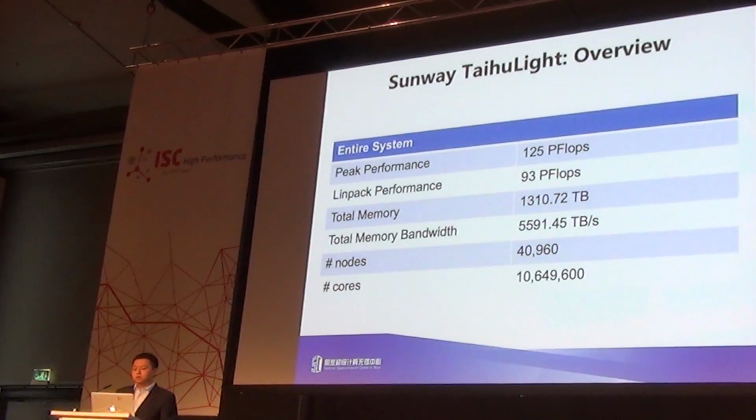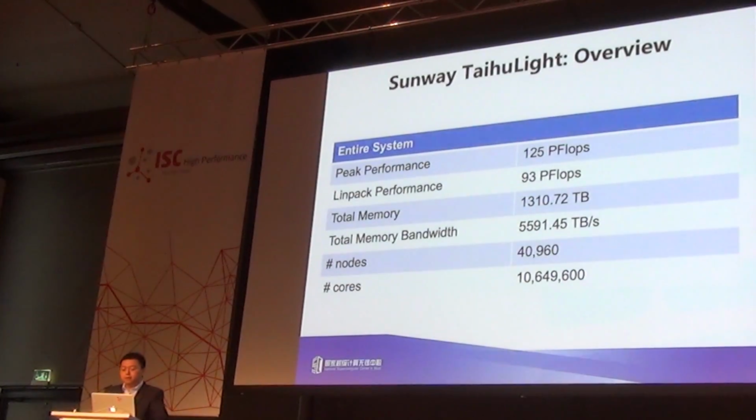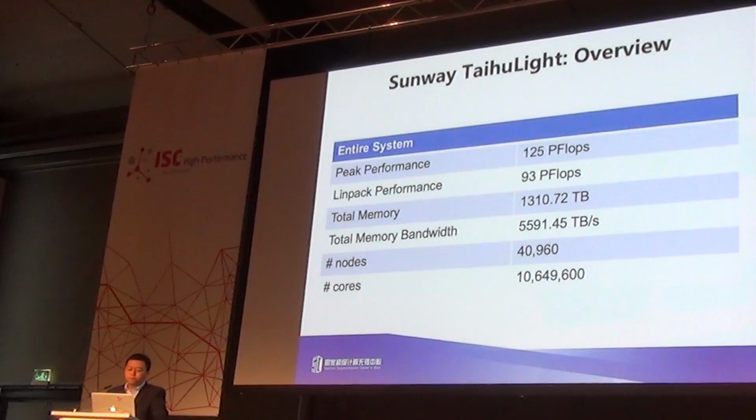Just an overview of the specs of the system. The peak performance is 125 petaflops with a sustained Linpack of 93 petaflops. The total memory size is around 1.3 petabytes with a total memory bandwidth of 5,591 terabytes per second. The entire system consists of 40,000 nodes, and if you count the number of cores, it is over 10 million cores within this one single system.